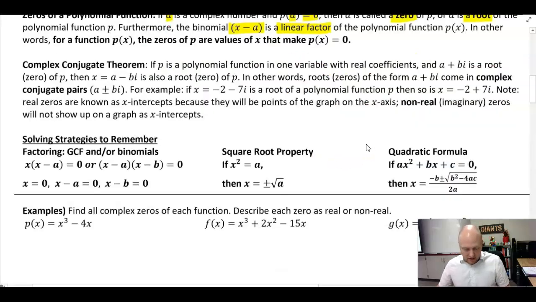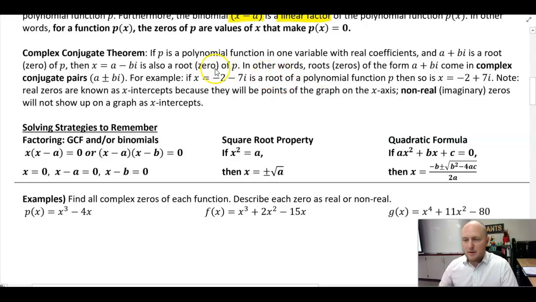I'll show you a concrete example connecting these ideas further down below. Additionally, one idea that pops up in this lesson is this idea of conjugates. Can you say the word conjugate? Good. So, the complex conjugate theorem. The theorem says that if p is a polynomial function in one variable with real coefficients, and you get one imaginary solution as a root, a plus bi, then there's going to be another.